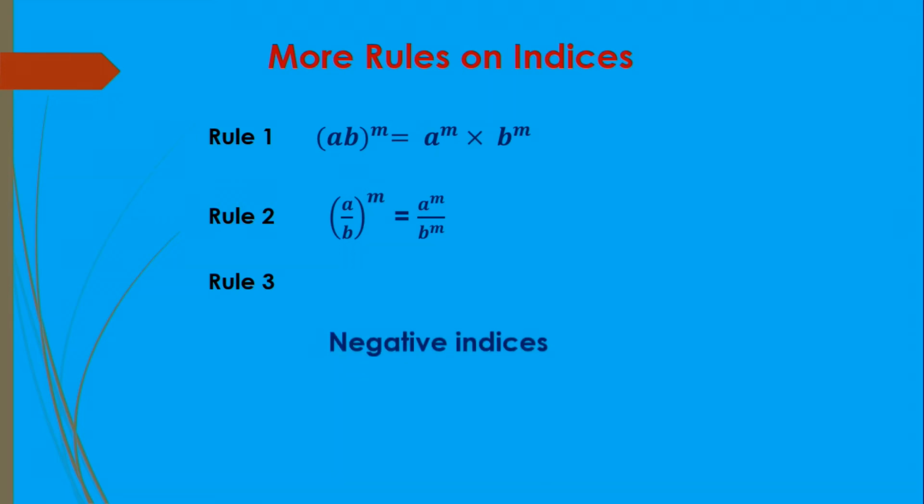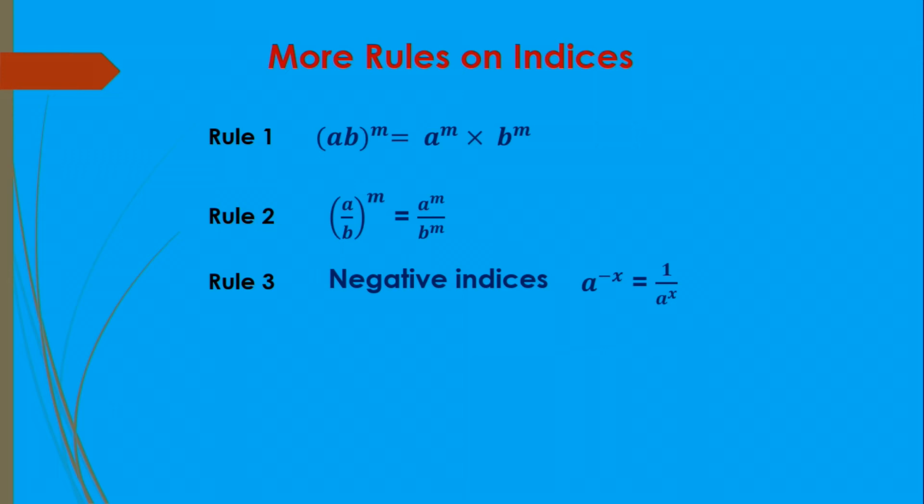Rule number 3, negative indices. Now, if we have a power minus x, this can be written as 1 over a power x. That is, the negative power becomes the positive power, but provided that we write it in the denominator. So a power minus x equals 1 over a power x.